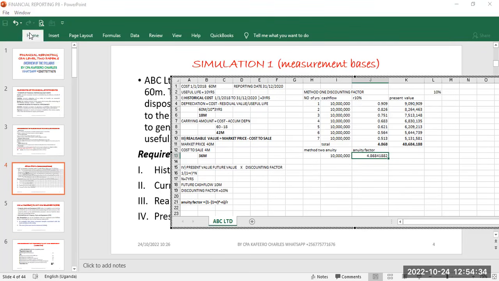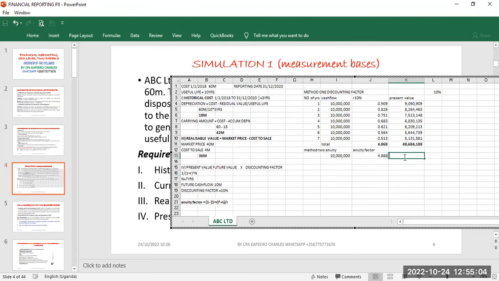What it means is that this annuity factor is what we get for the whole of those periods. It is the accumulation of all those periods that are remaining of the useful life of the asset, which were 7 years. That's why this one is summing up to this. So if you get this times this, you'll be able to get this.